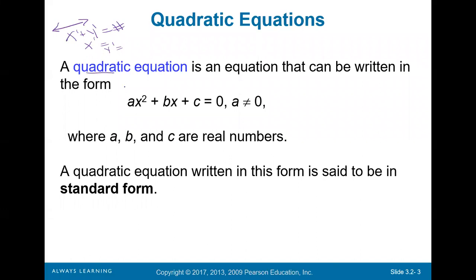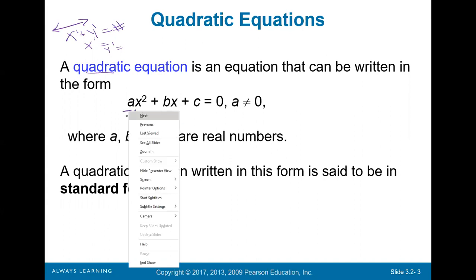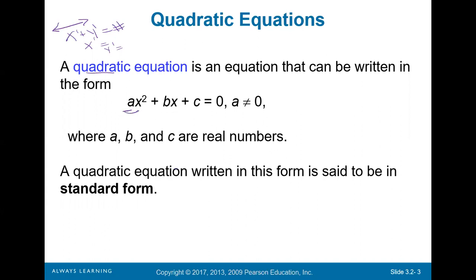Well, quadratic says that the leading coefficient a here has a variable term that has a leading degree of a square, okay? So in order for us to have a quadratic, my leading degree on an equation or function has to be a square. Now, if a is equal to 0, then I'm left with bx plus c, which gives me my straight line.